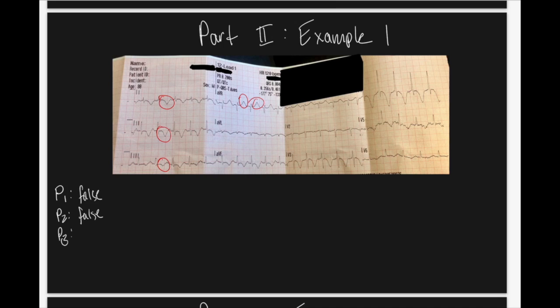Our third pattern was that AVR and AVL were the only ones that had negative P waves and negative T waves, and we can quickly see that that's not true either. That fourth pattern was that switching of the R and S wave as we go from leads V1 to V6, and we see that that mostly holds up.